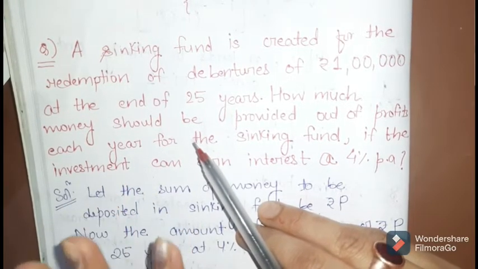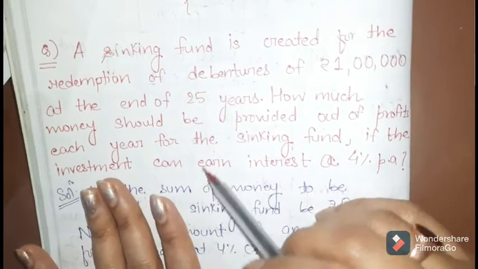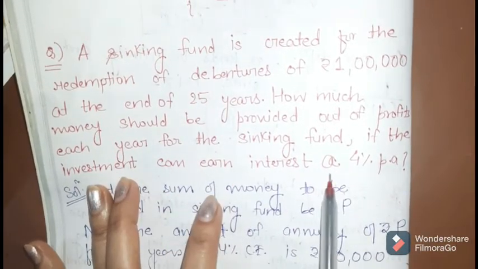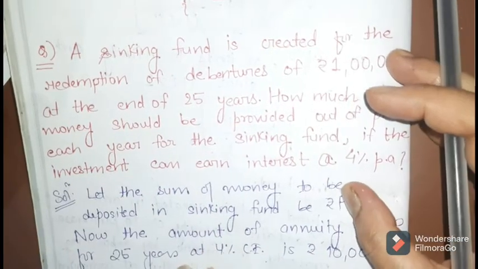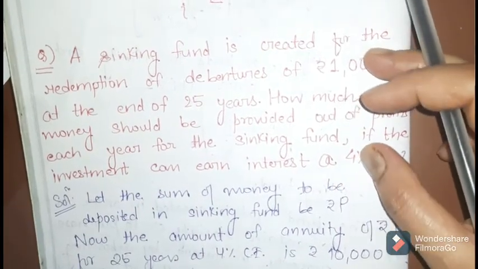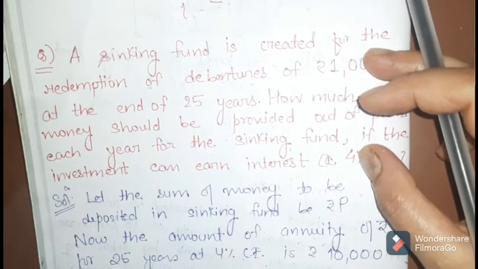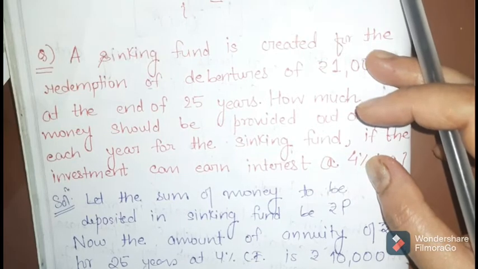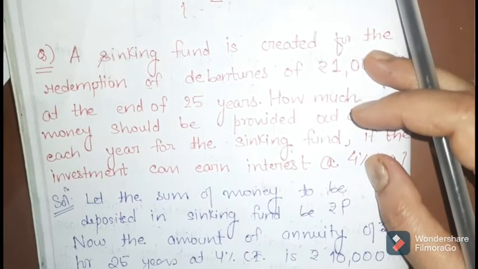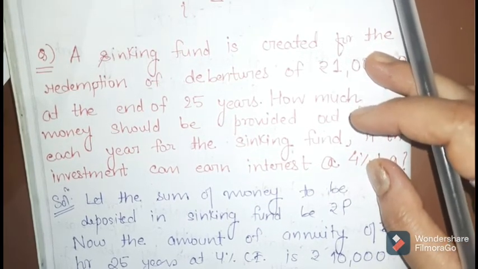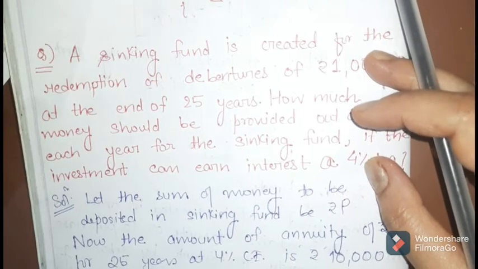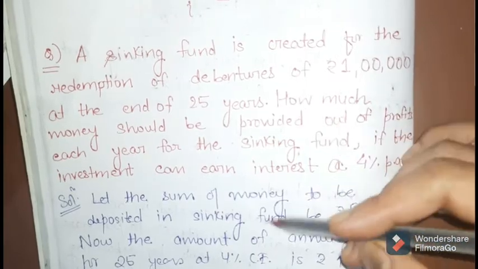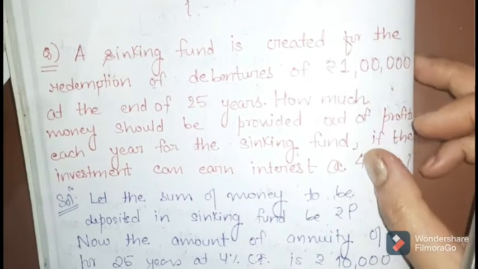How much money should be provided out of profits each year for the sinking fund if the investment can earn interest at the rate of 4% per annum? So here the amount of annuity is given, n is given, and the rate of interest is given. You have to find the capital P, that is, how much money they will deposit at fixed periods for 25 years, so that their amount comes out to be 1 lakh, at the rate of 4% for 25 years.